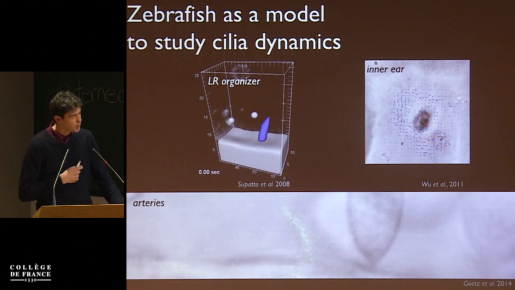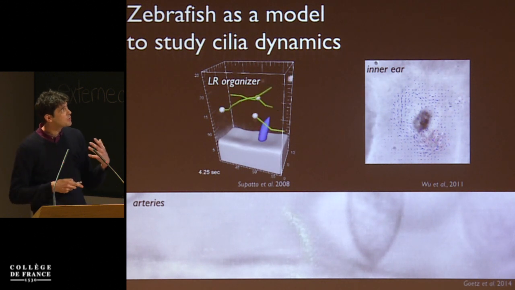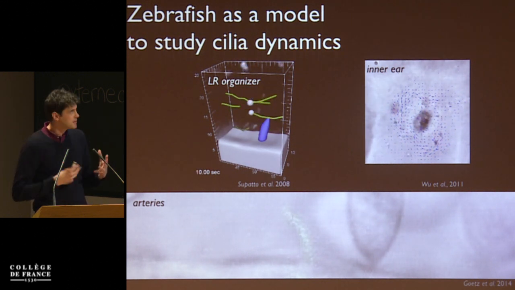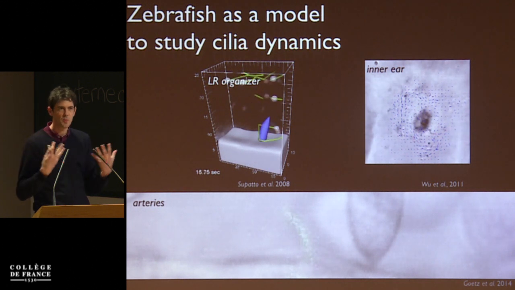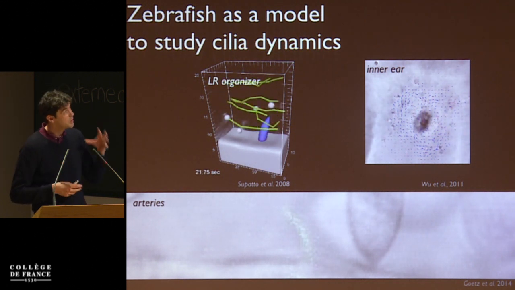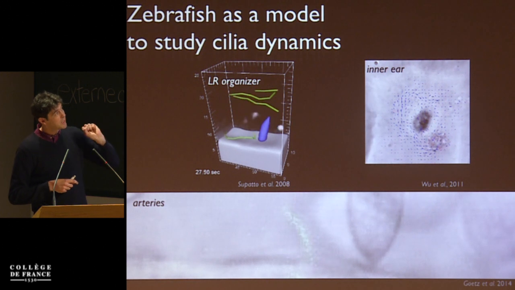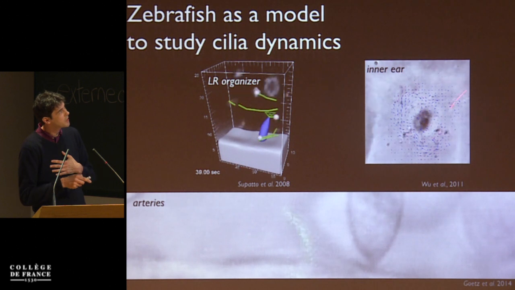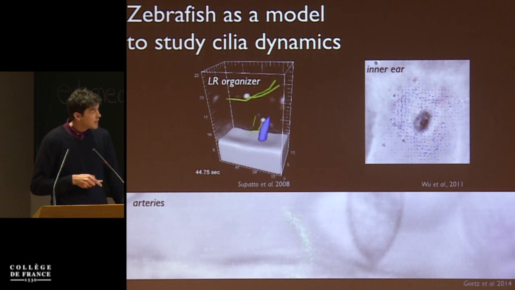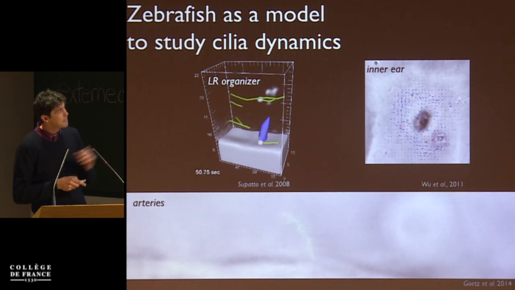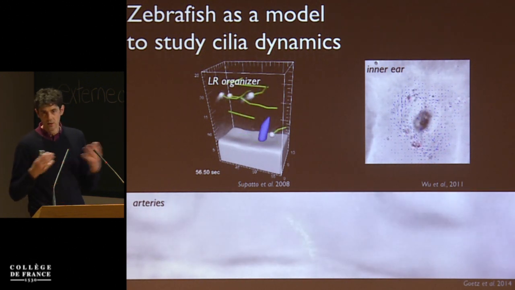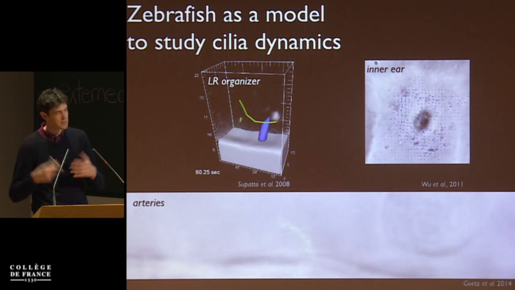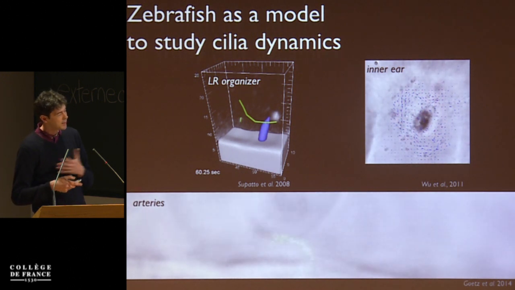So quickly, a small advertisement for the use of zebrafish to address cilia function. Zebrafish are transparent, so you have very high access to live imaging, and it's very important to maintain the animal alive to be able to grab these forces in real time. These are a couple of examples of movies done in the left-right organizer, in the inner ear, as well as in the vascular system, in which, in that case, it's not a beating cilium, it's just a passive cilium, which will be deflected by red blood cells.